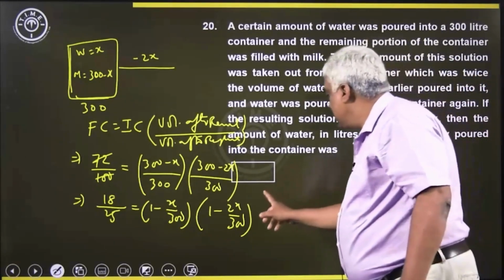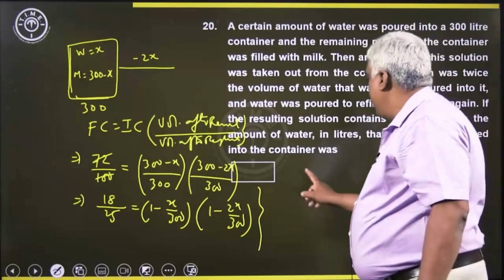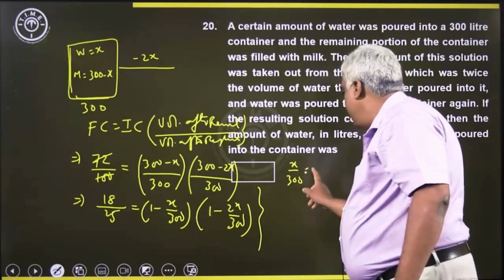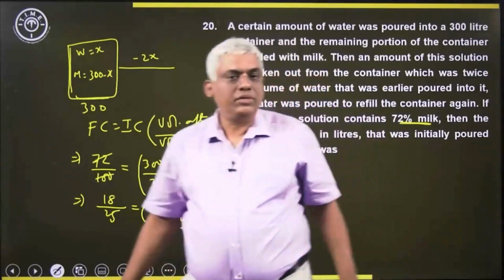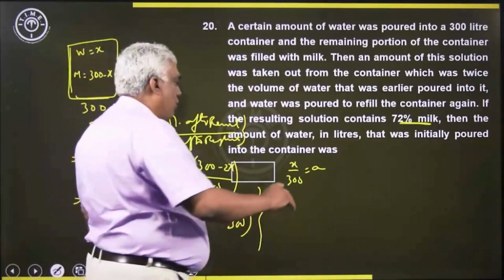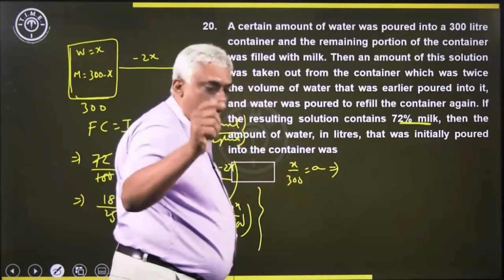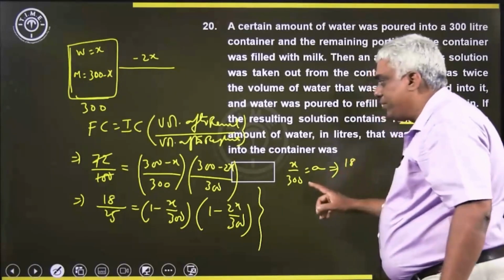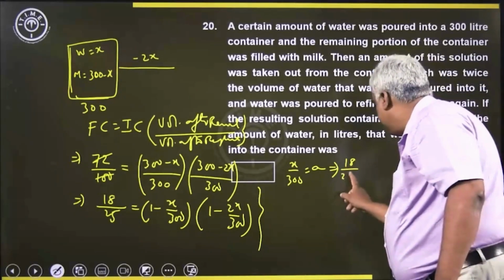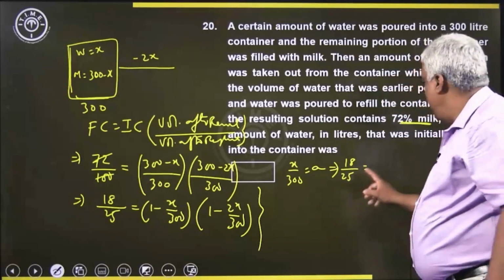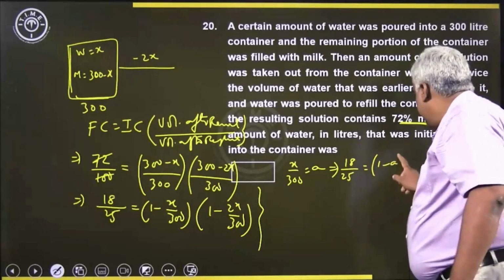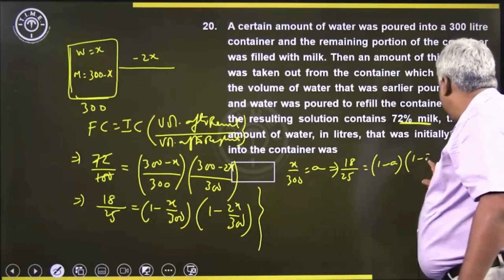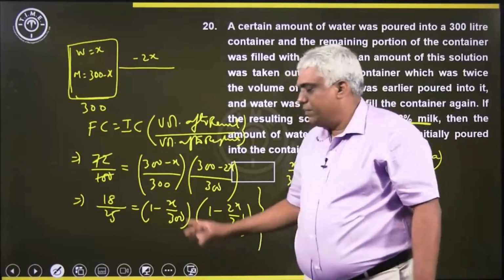To make the calculation simple, let us assume X by 300 as some number, small a. Then we will have 18 by 25 equal to 1 minus a into 1 minus 2a, which is better than this.